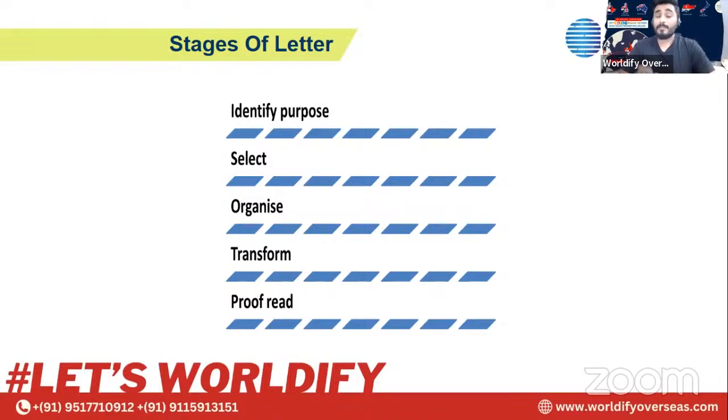So identifying the purpose is the most important thing you have to do. How to find that purpose? This lesson is all about that. We're going to talk about how to find that purpose and how to write according to that purpose only, and nothing else, because that's what OET wants. It wants you to be on that purpose. That's your test actually, to identify the purpose and write relevant content only. So how to do that?